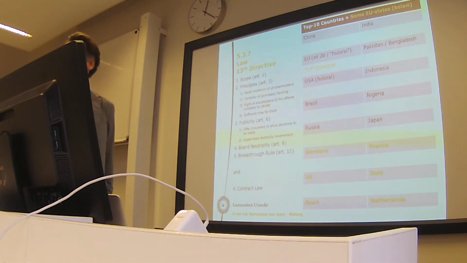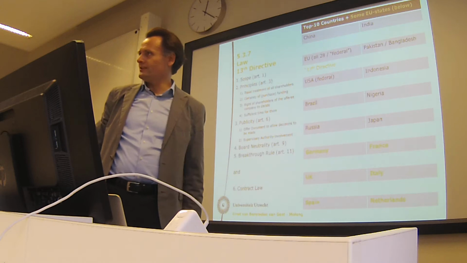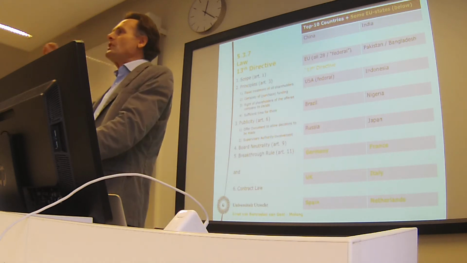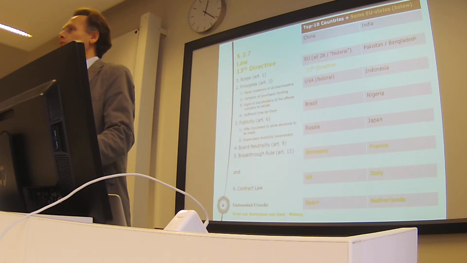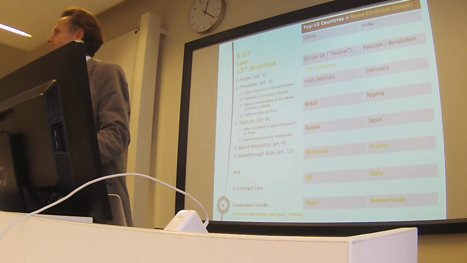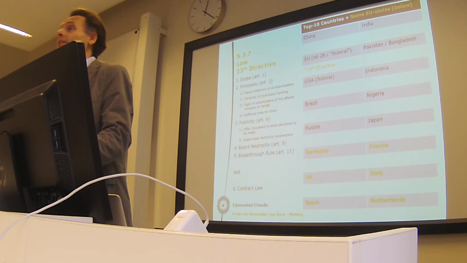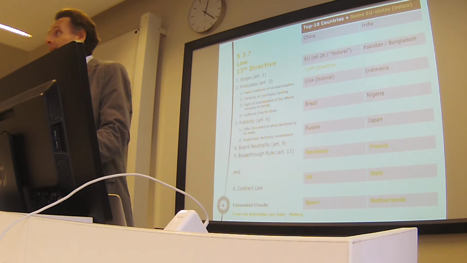And then Article 9, a fascinating thing, at the heart of the agency problem: the board should stay neutral. Which agency problem? The board has a preference for a certain shareholder. Imagine the board of Nuon. They had as shareholders municipalities.